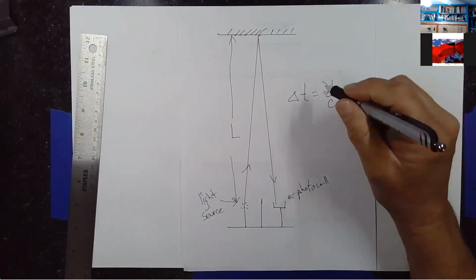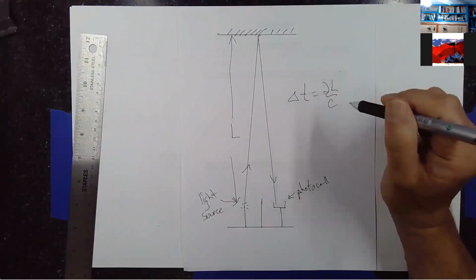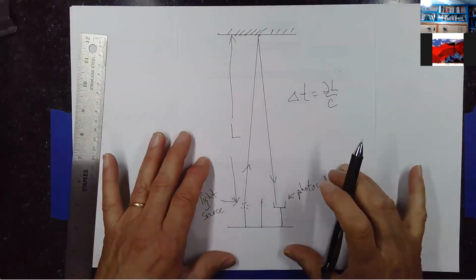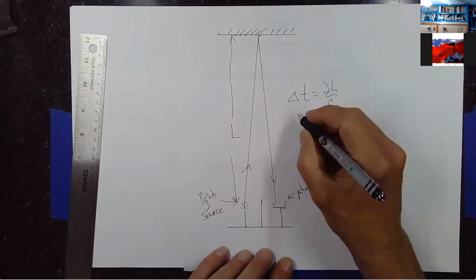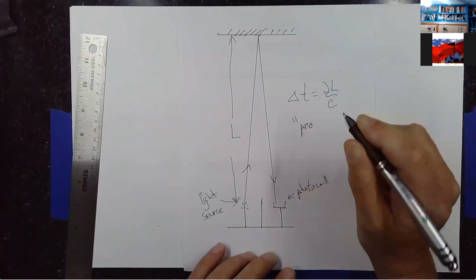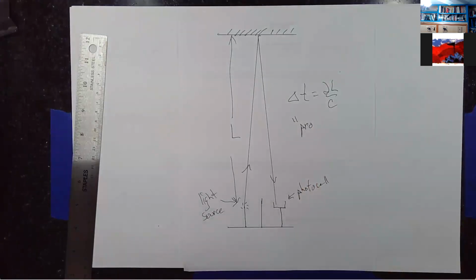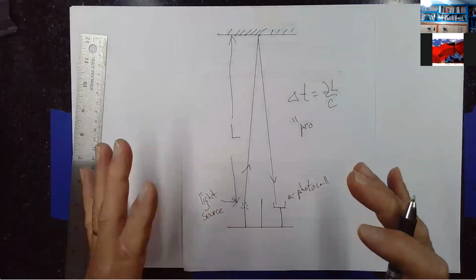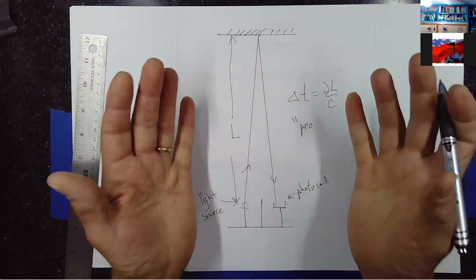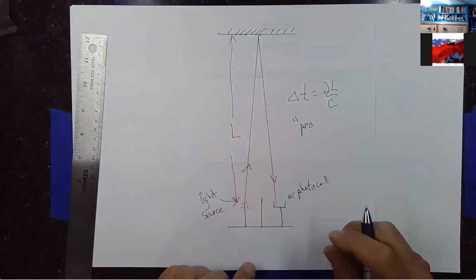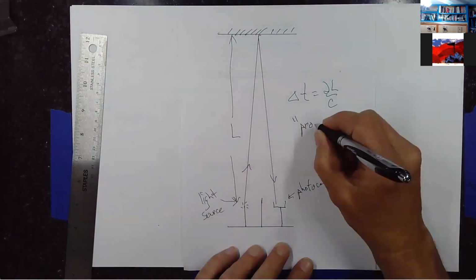We're going to call this a proper time because it's measured in the rest frame of the light clock. In relativity, we'll at times be talking about proper times or proper lengths. It's a proper time if you're in a reference frame where the thing you're talking about is at rest with respect to you.